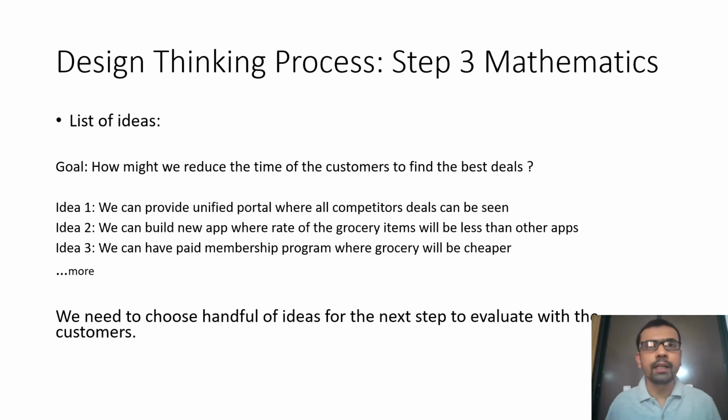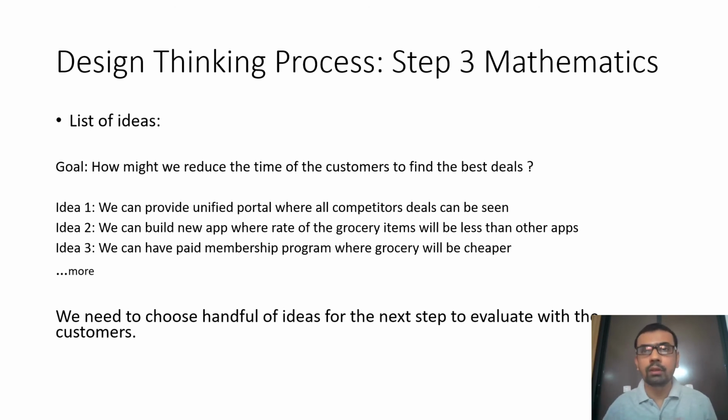For the second idea, there will be a grocery name and price, and we will use machine learning and AI to take the competitors' prices and put a lower price into our new app. This is a solution that we can think of.